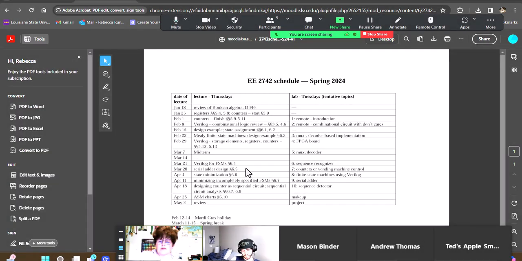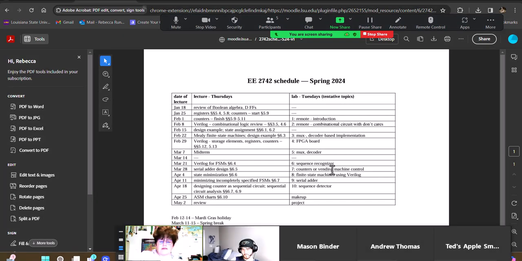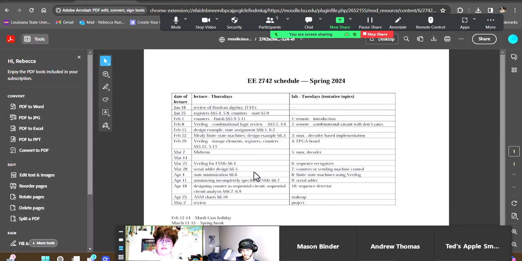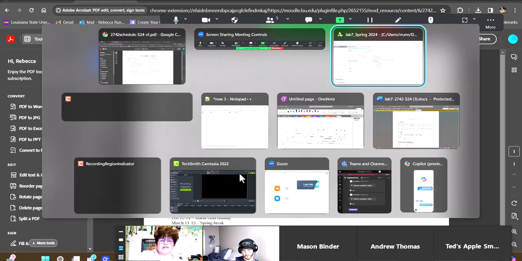This is March 28, serial adder, counters or vending machine control. Serial adder design. It's state minimization next week. That's going to be what y'all are going to want help with. I don't remember ever doing much with the serial adder design. Let me see.